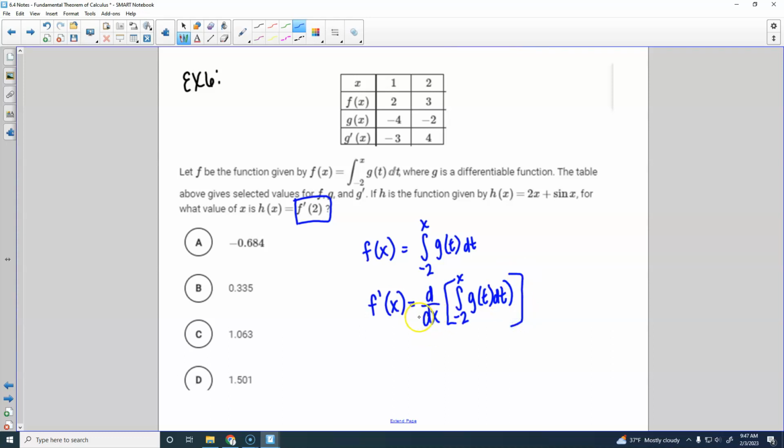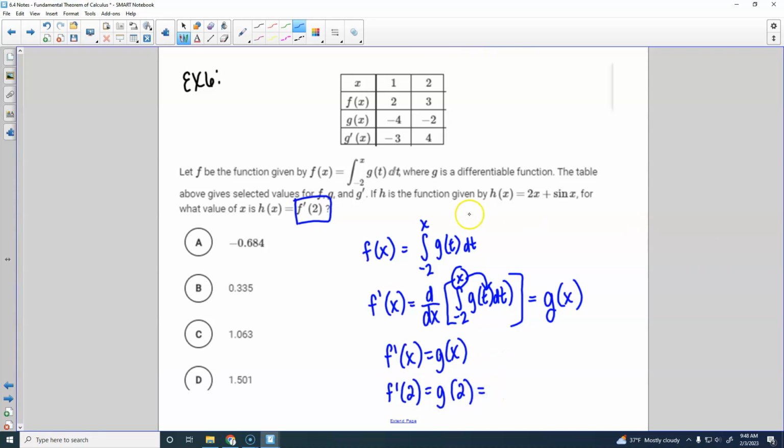What is the derivative of the integral from -2 to x of g of t dt? It is g of x, because that x will get plugged in for that dummy variable there. So basically, f prime of x is just equal to g of x. Right? So f prime of 2 will equal g of 2.